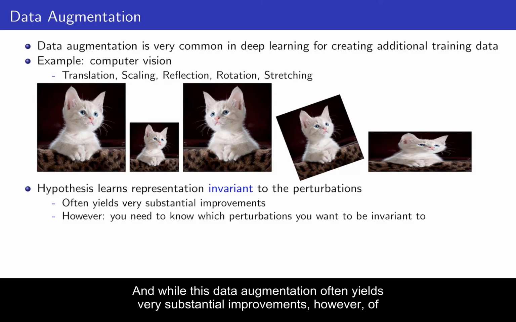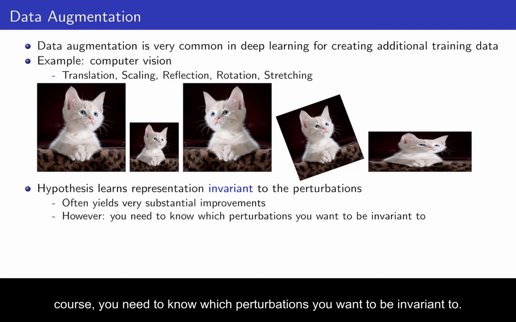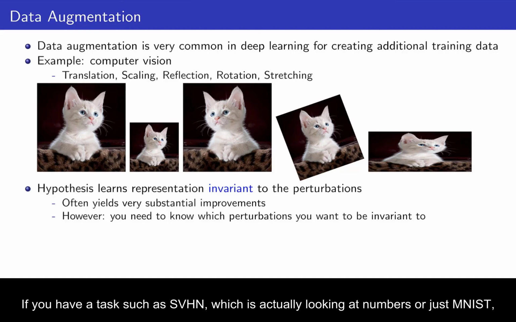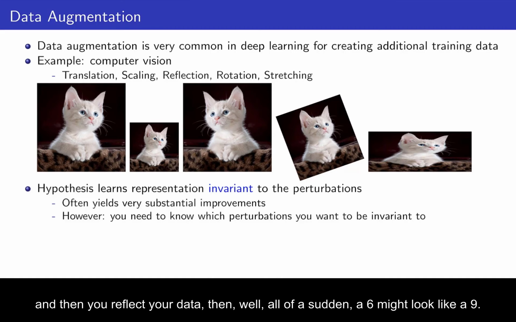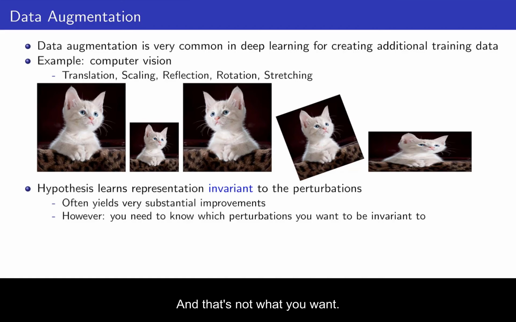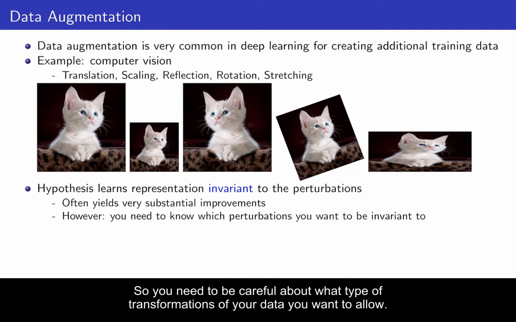While this data augmentation often yields very substantial improvements, of course, you need to know which perturbations you want to be invariant to. If you have a task such as SVHN, which is looking at numbers, or just MNIST, and you reflect your data, then all of a sudden a 6 might look like a 9. And that's not what you want. So you need to be careful about what type of transformations of your data you want to allow.